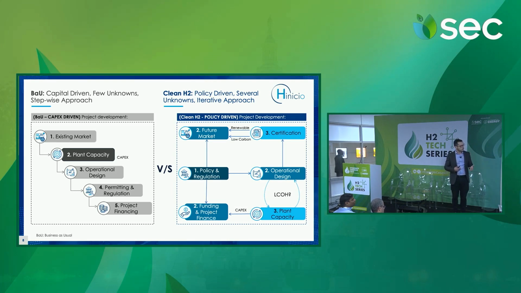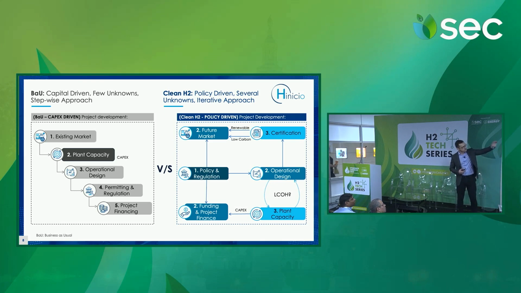Then we see the operational design that has to comply with the requirements that the regulatory framework is requesting, and the funding and project finance, because we are seeing all the incentives that are worldwide, right?